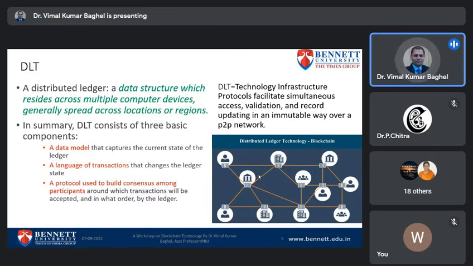These are used to build a common consensus among the participants on which transactions will be accepted, and in what order they are recorded by the ledger. Decentralized ledger technology is very important to understand blockchain technology, because it is a driving force. It is changing the nature from centralized towards decentralized.